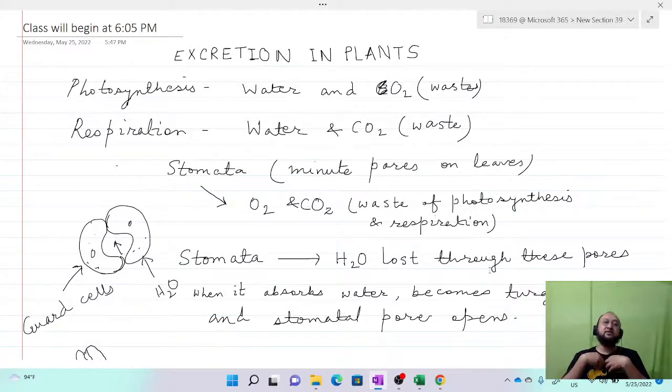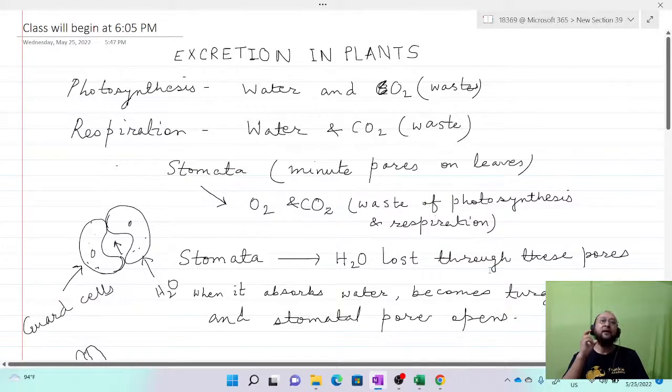Similarly, different types of reactions go on in our body for production of some important materials, some important molecules, and to maintain the normal living conditions of the body. So some metabolic wastes are also produced along with those metabolic reactions, and that needs to be removed. So getting rid of the waste products from the body is excretion.